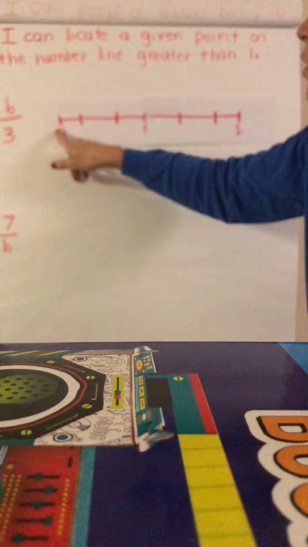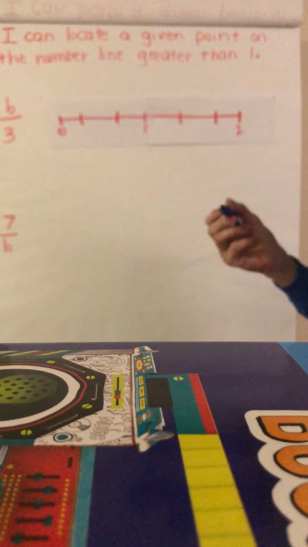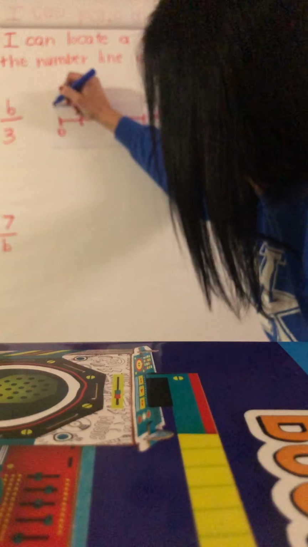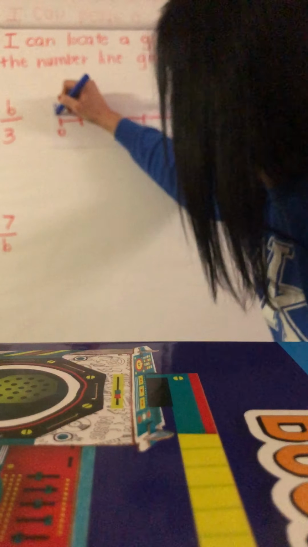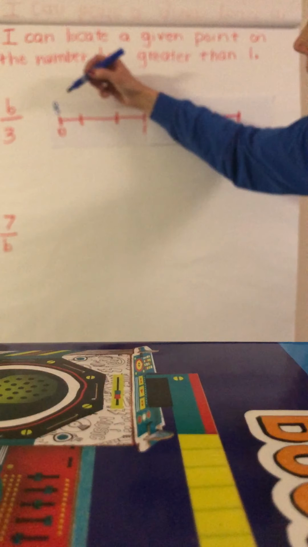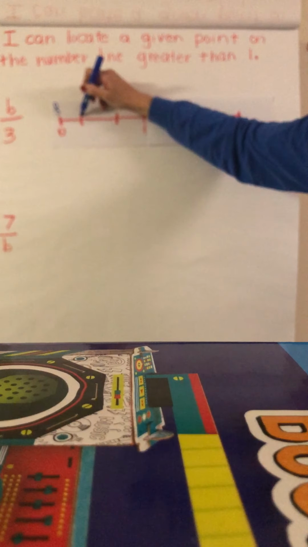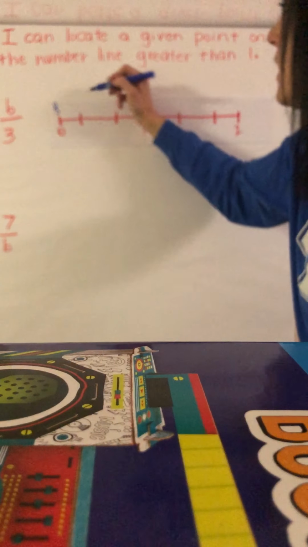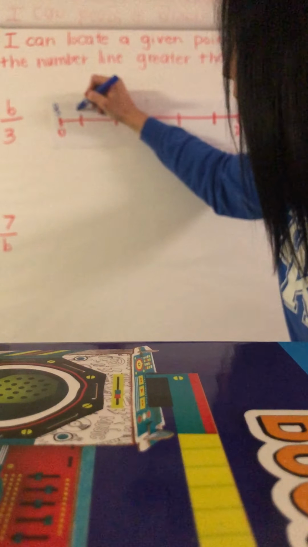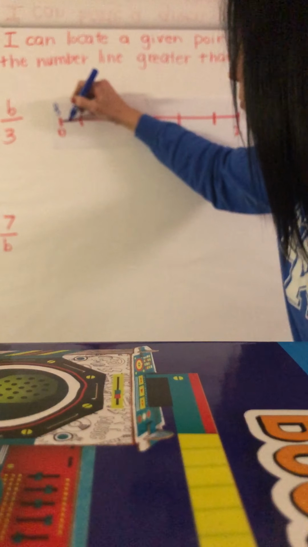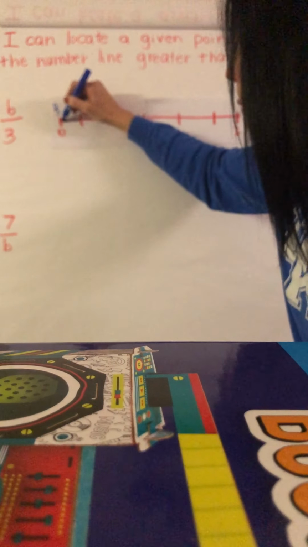We know that if we're at 0, we have 0/3. If I move over to this hash mark, I can see that I would have 1/3, and I can shade that little part of the number line there.